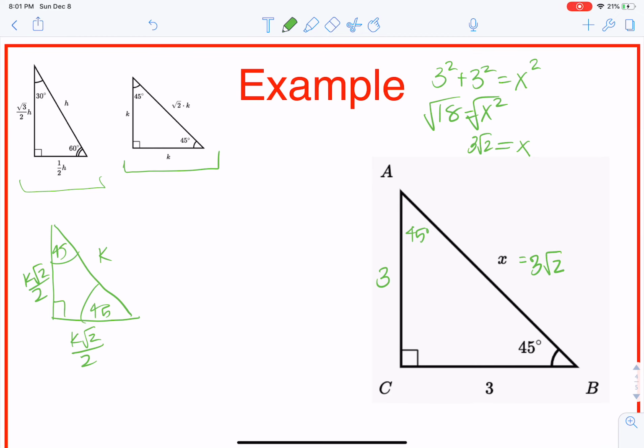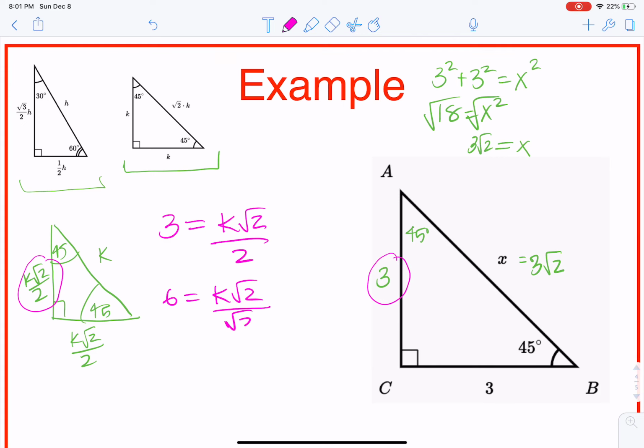The other way is to use my ratios and say, let's grab another color, this is the ratio of the side length that matches up with this side length over here. So 3 is equal to k square roots of 2 over 2. So 6 is equal to k square roots of 2. Divide both sides by the square root of 2.